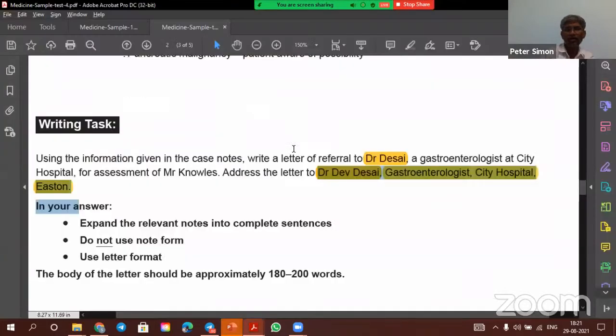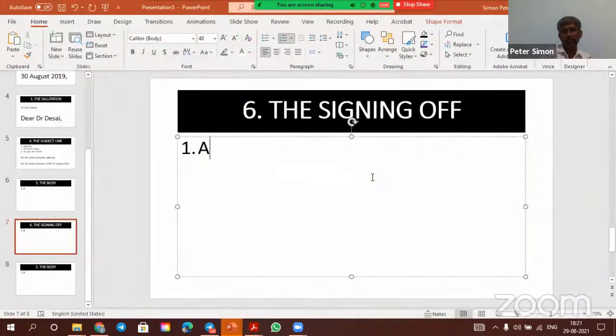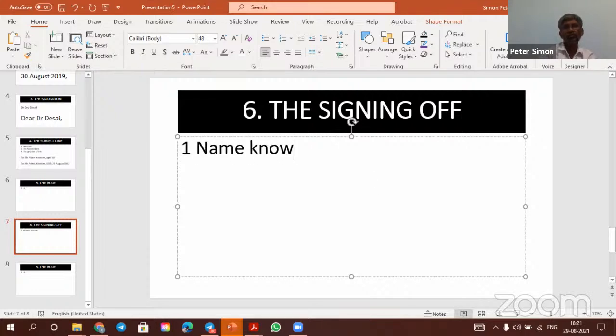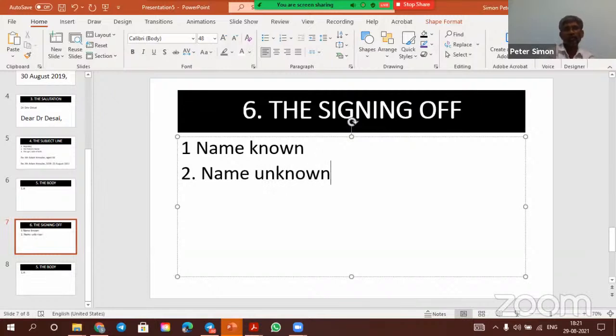Now here you are writing to Dr. Dev Desai, so you know the name of the person. So there are 2 options: name known and name unknown.